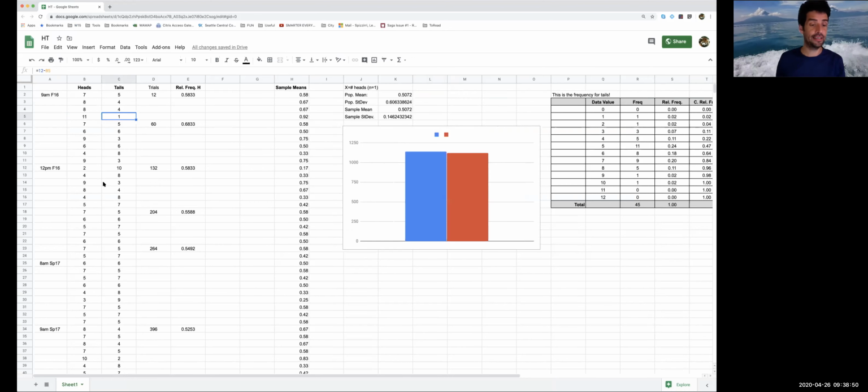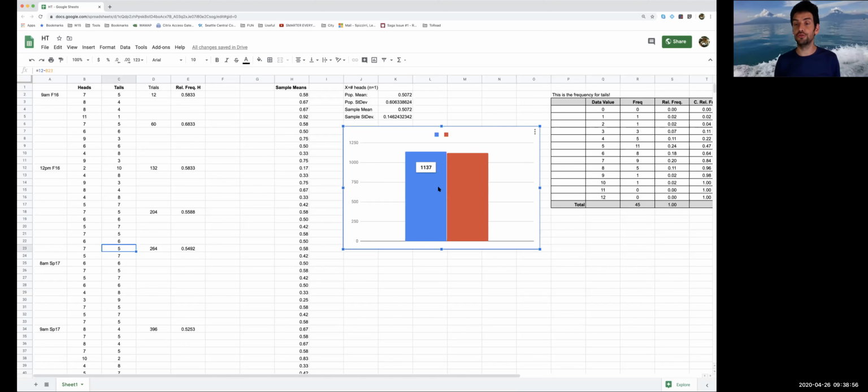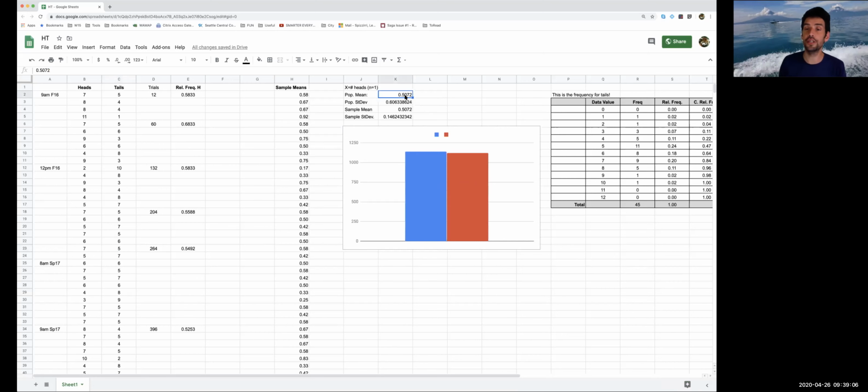But what we expect is as we go further and further on, conducting more and more experiments, we start to get closer and closer to that theoretical probability. And that's what we saw here: after these more than 2,000 coin flips, we were really close to 50% heads and 50% tails, right? And I expect that when I do this with more students, we'll tend to get closer and closer.